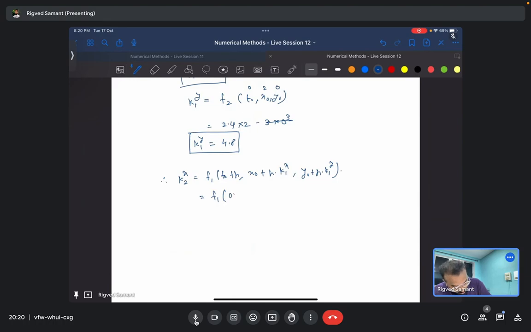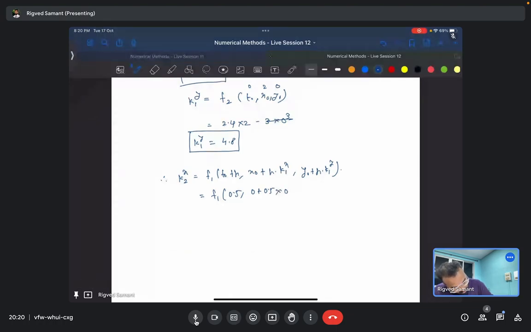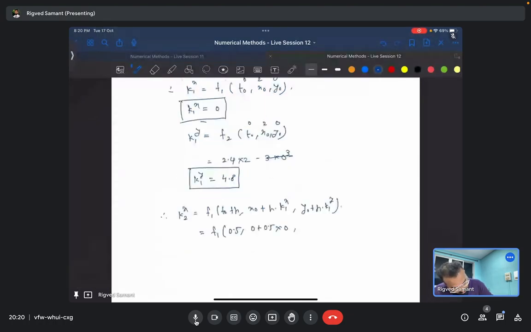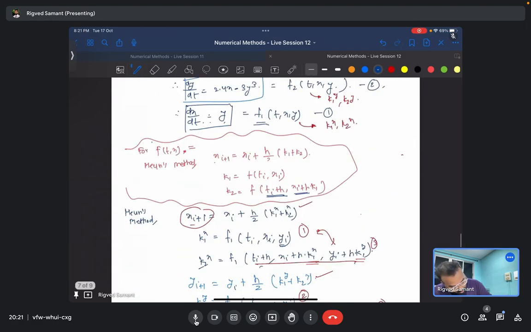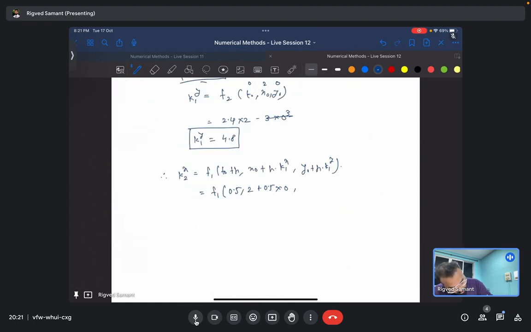So this is 0.5. x0 plus h into k1x: x0 is 2, h is 0.5, k1x is again 0. y0 is 0, h is 0.5 into k1y, that is 4.8.